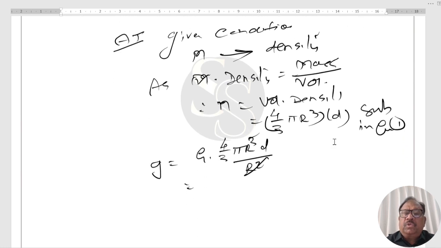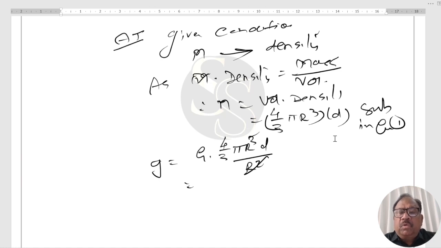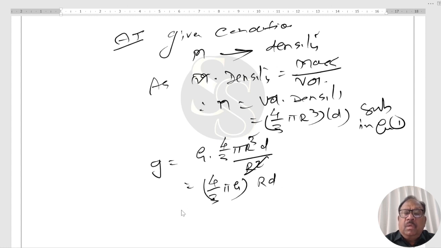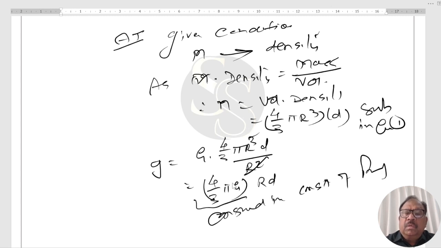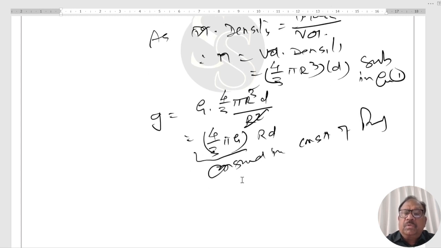The parameters that are constant, that is 4 by 3 pi G, are consumed in the constant of proportionality. This is the universal gravitation constant.